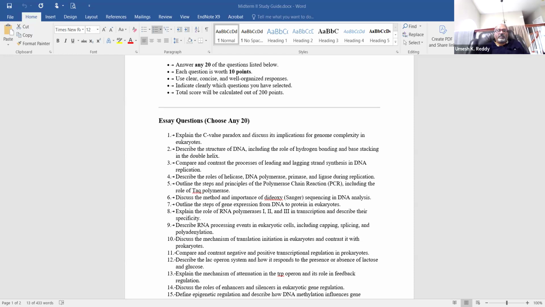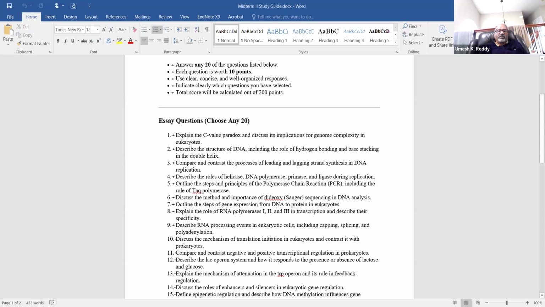This sequencing works very well up to 1000 base pairs. It is a very textbook kind of sequencing, with very clean sequence without any errors. Sanger sequencing is the first sequencing with which they sequenced the human genome. That is about this method, dideoxy sequencing in DNA analysis.